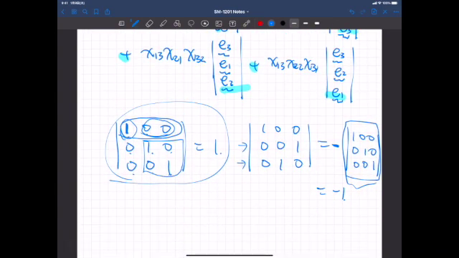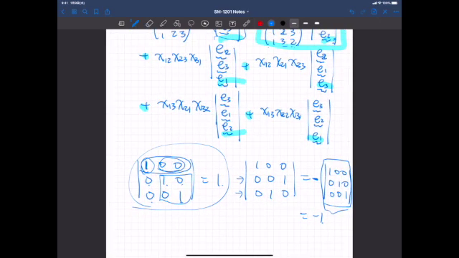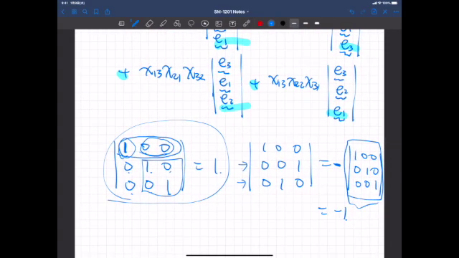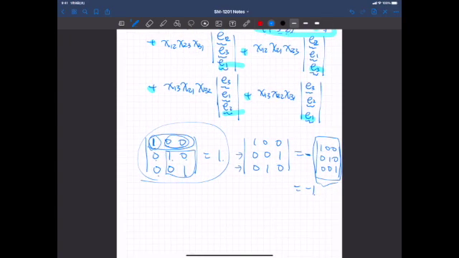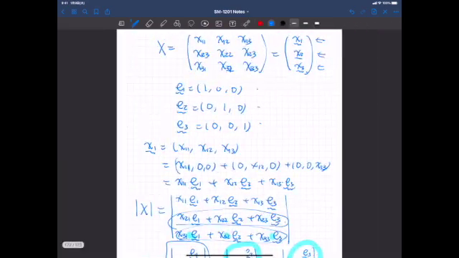Okay. Now we have only demonstrated with 3 by 3 matrices, but the same result actually holds for matrices of any size. Even if we have n by n or like 100 by 100 matrices, we can still apply the same argument. In that case, these E vectors will have n components.